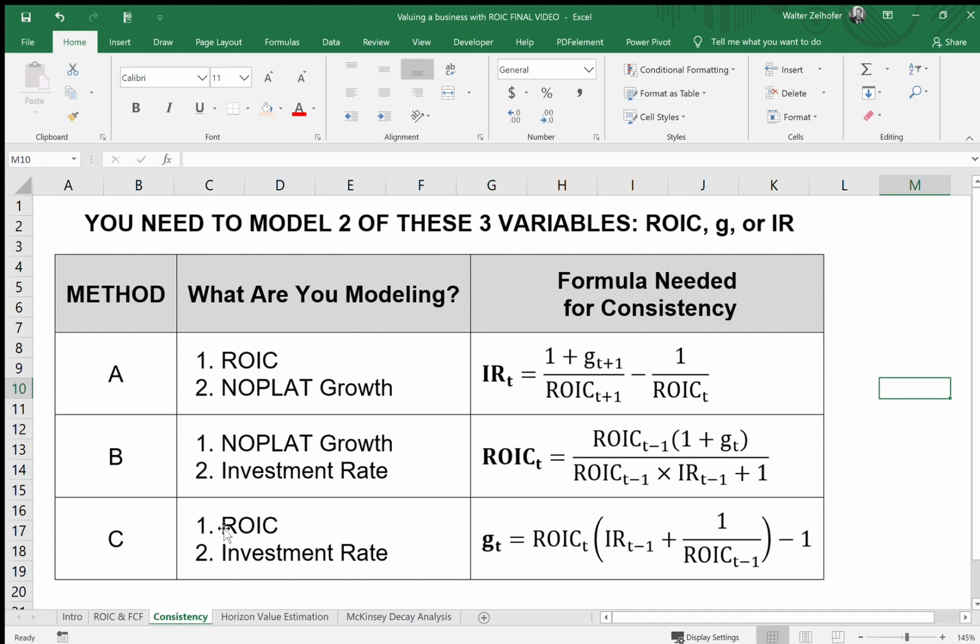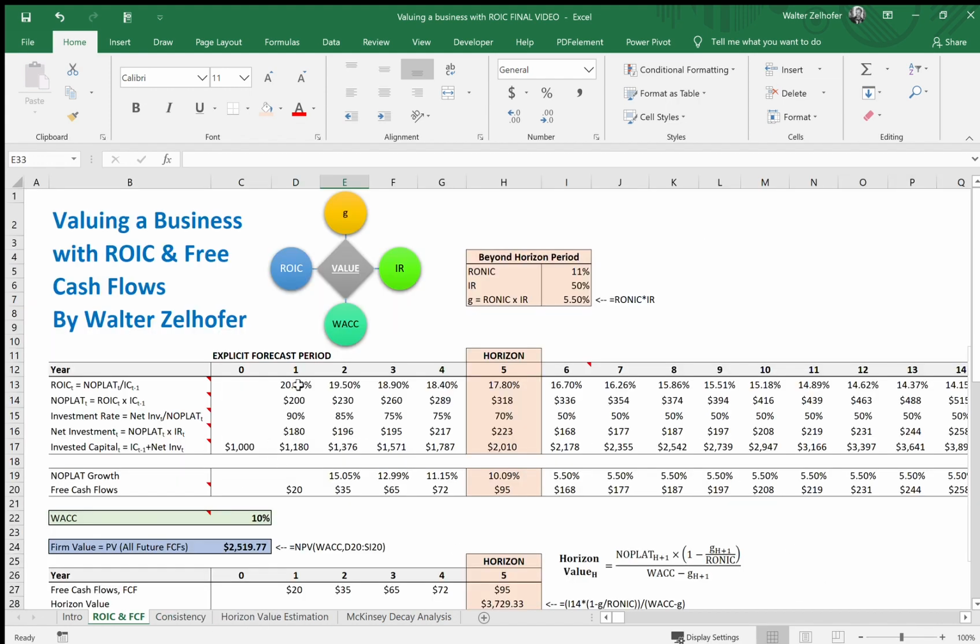Or if you're explicitly modeling the return on invested capital and the investment rate in your explicit forecast period, you need to figure out what the growth rate is in your operating income using this formula. Because these three drivers are connected mathematically.